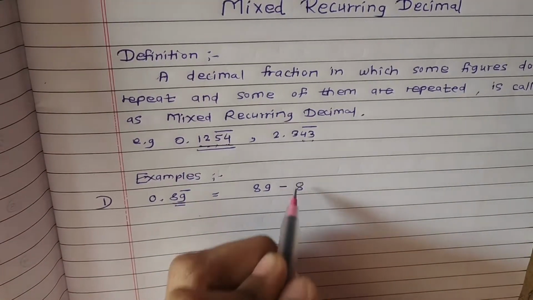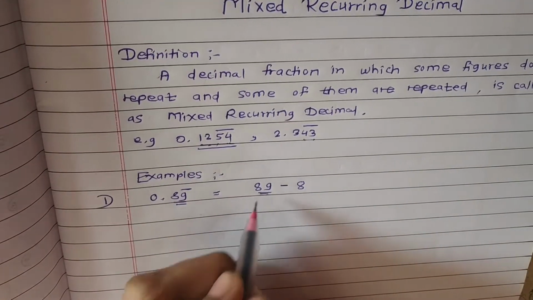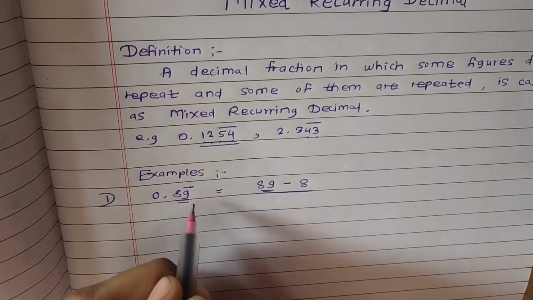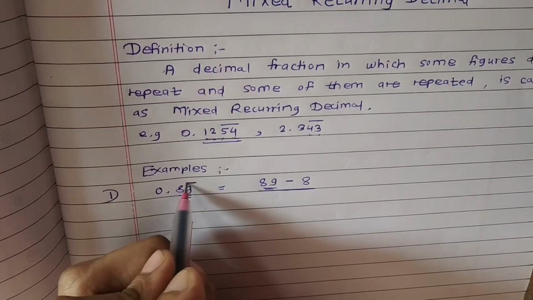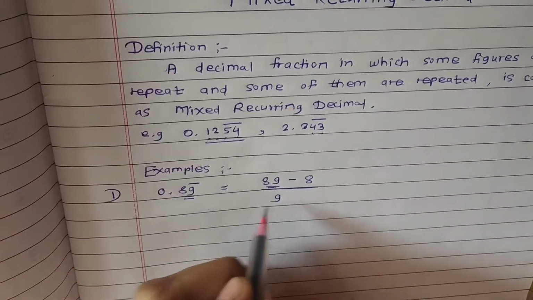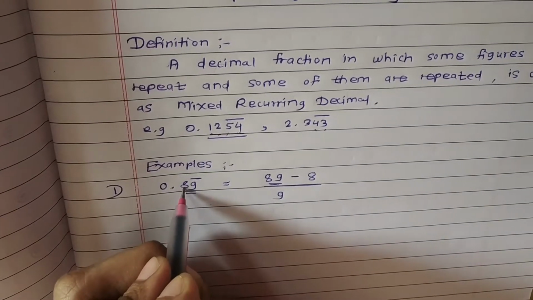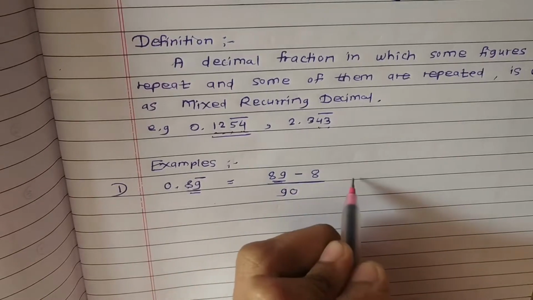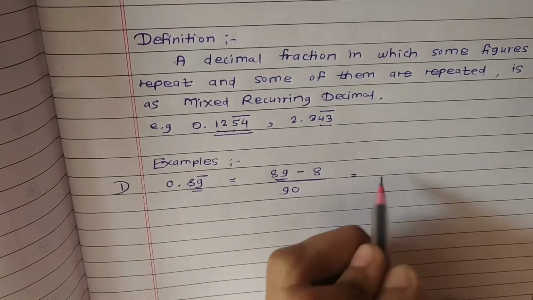You have to minus that number from this whole number, divided by, you have to take 9 for the digits over which the bar is represented and 0 for the digits over which bar is not represented, and just simply solve it.